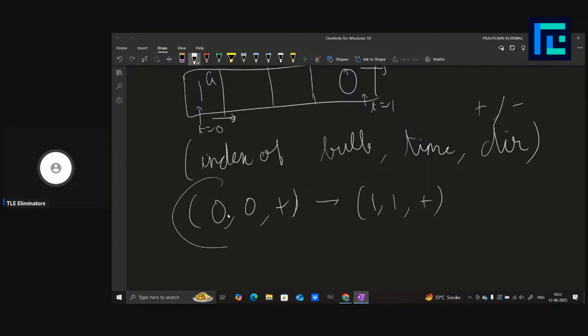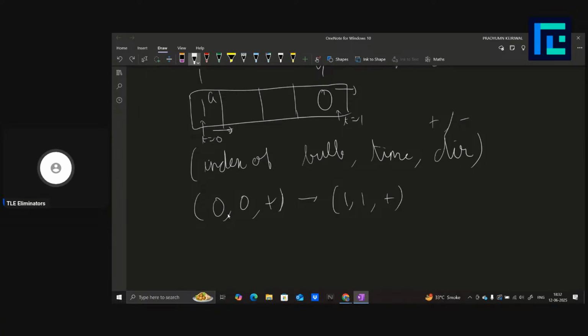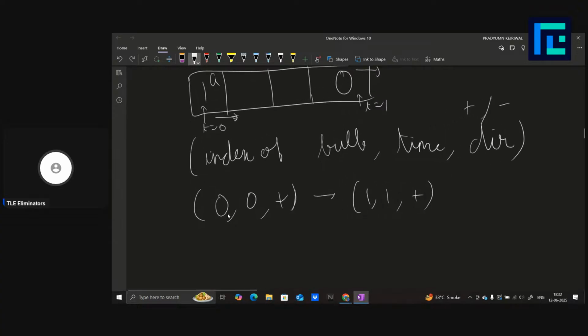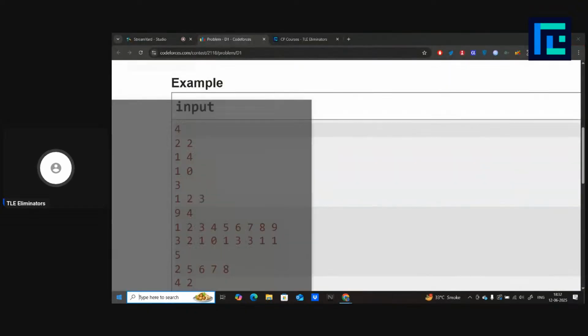Now let's see about that. 1 1 plus means at t equal to 1, this light bulb is green. So if we are in the positive direction, we will escape. This is the base case, and therefore the answer to this is just yes. We can directly escape from this vortex.